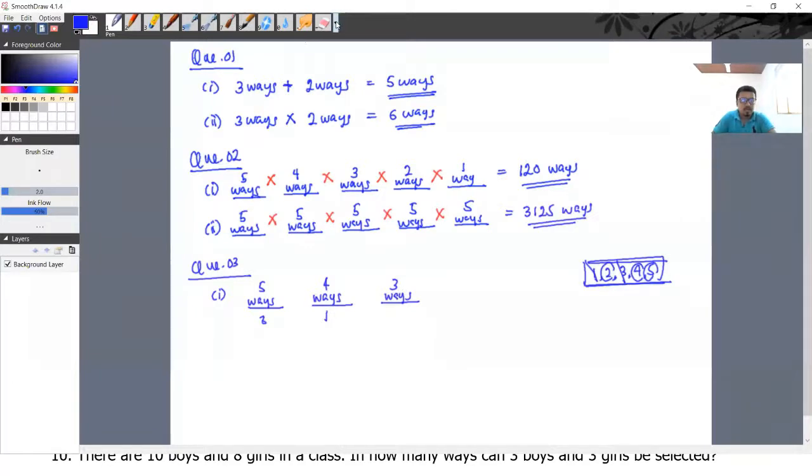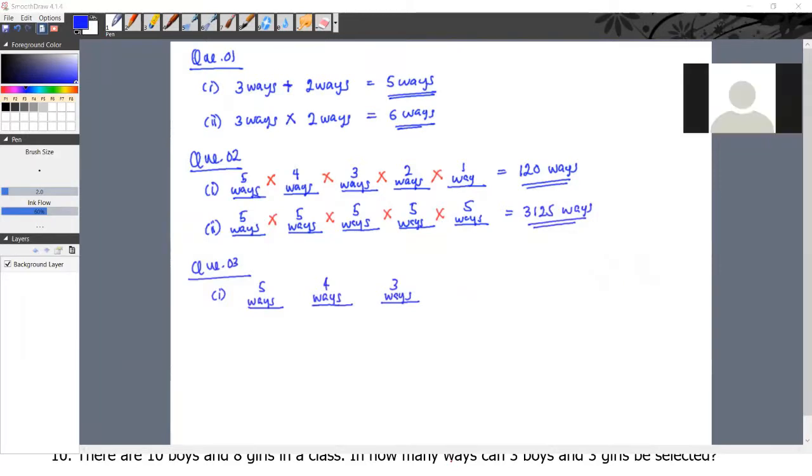So altogether, how many ways are there to form 3-digit numbers using the digits 1, 2, 3, 4, and 5? To form a 3-digit number, we need to have a digit here and a digit here and a digit here.